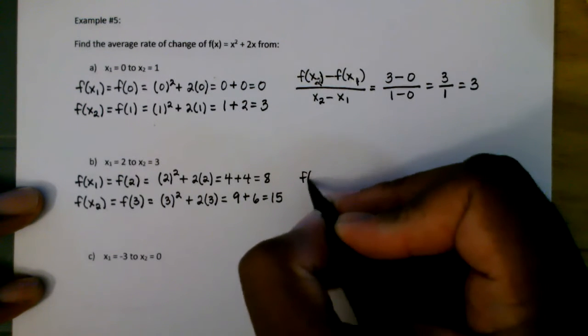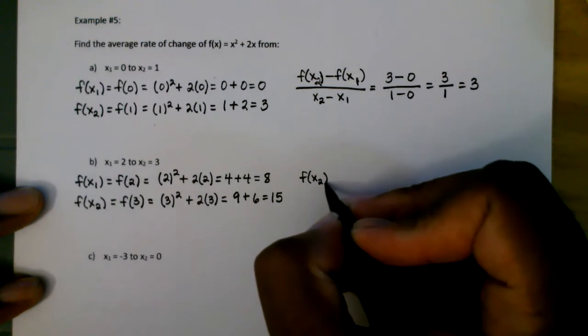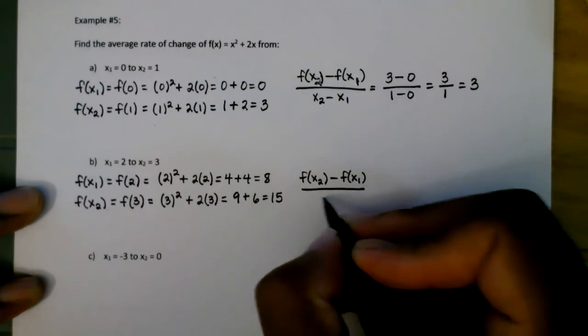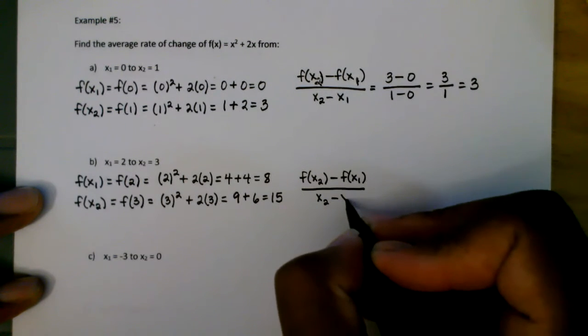And then we use our average rate of change formula, f of x2 minus f of x1, all divided by x2 minus x1.